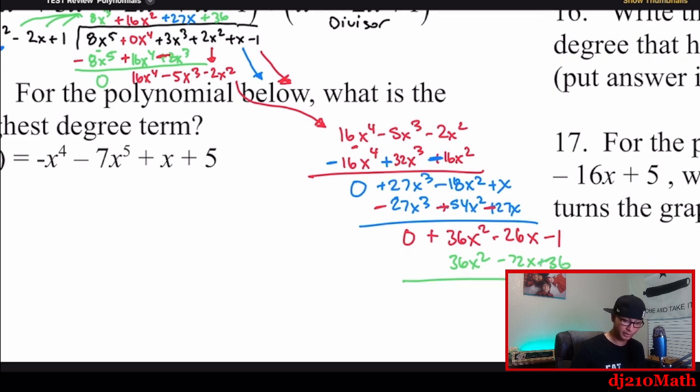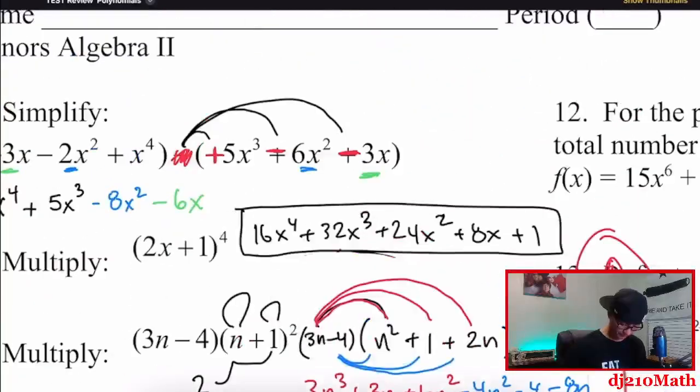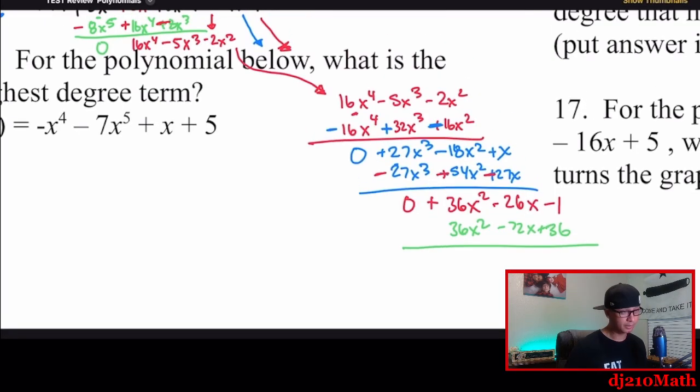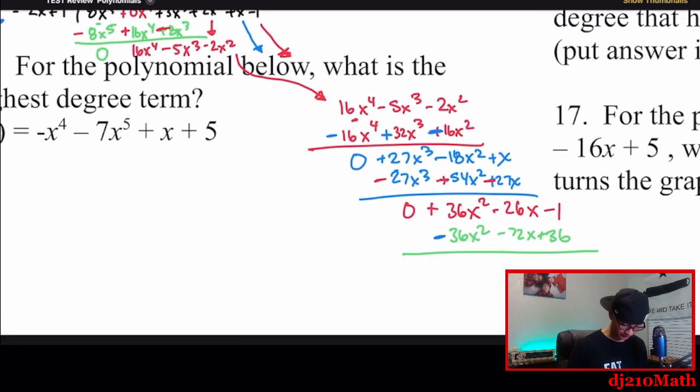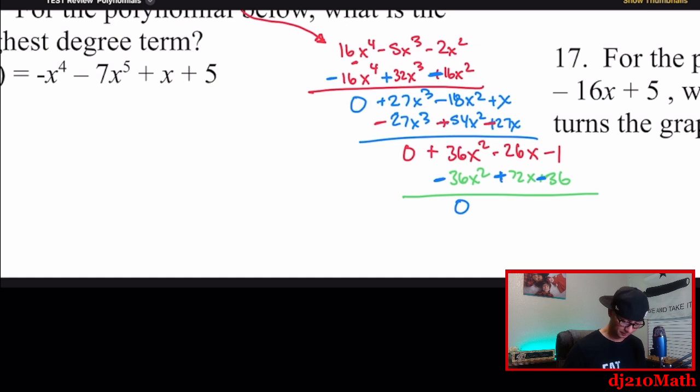Okay, when we combine, we have to flip the signs now. So this is going to be, wow, negative plus negative, so 0, that's nice. Negative 26 plus 72 can be positive.